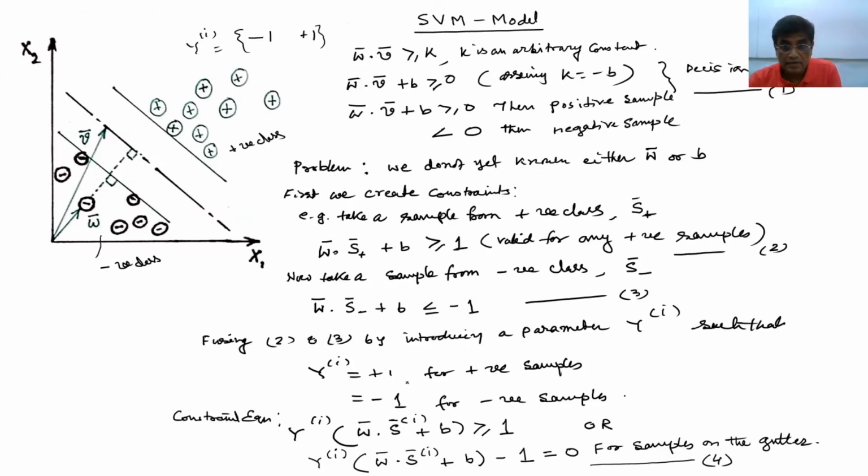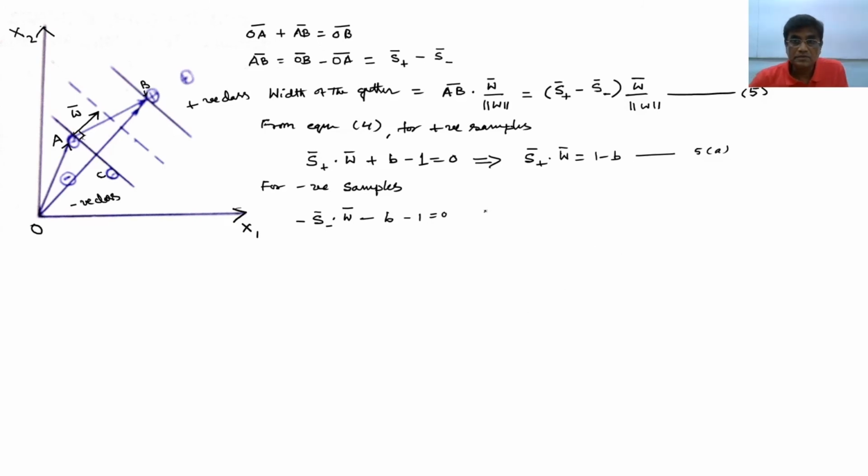Just try to see, for a negative sample this is minus 1, so this is a minus because this is minus 1. So this is what you are getting. So minus of this is equal to 1 plus b. Say this is 5b.